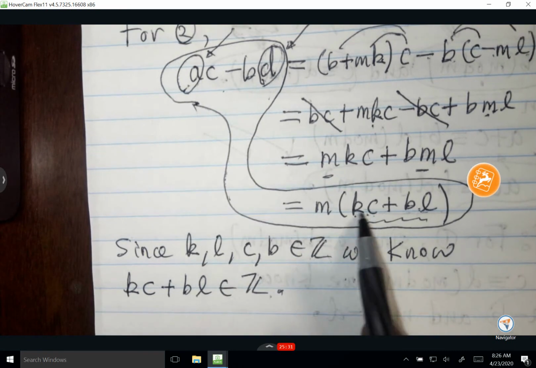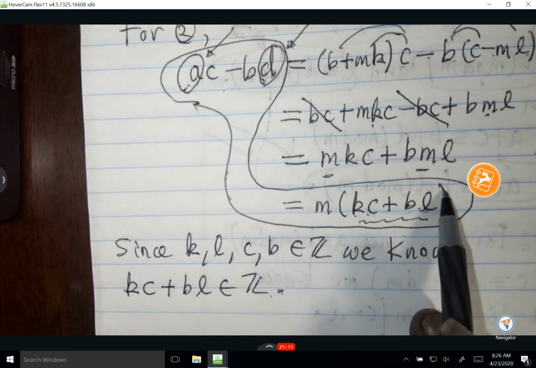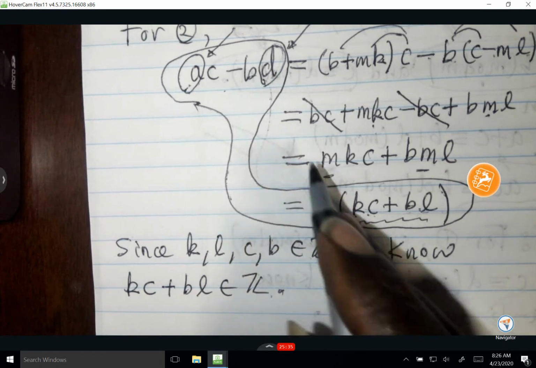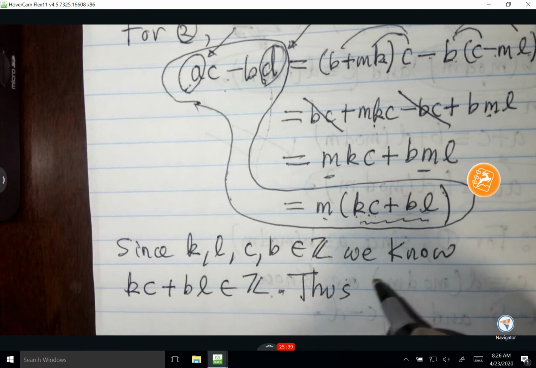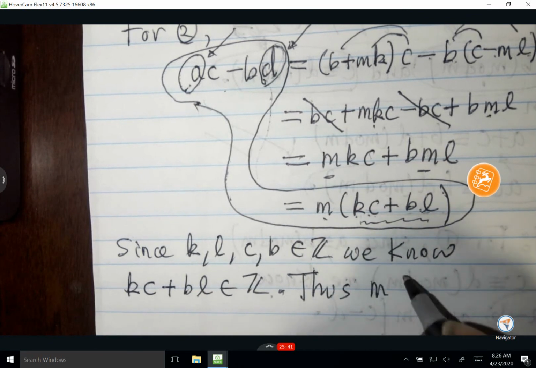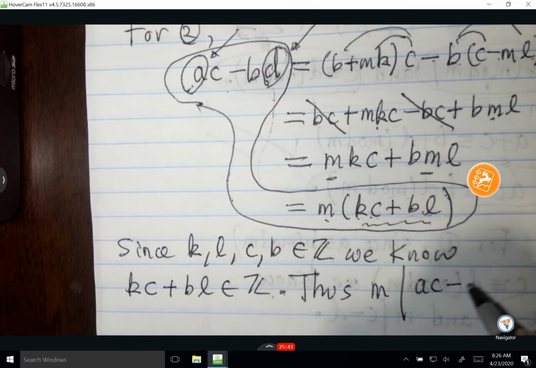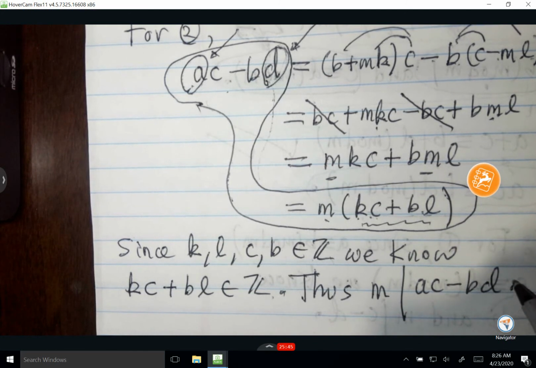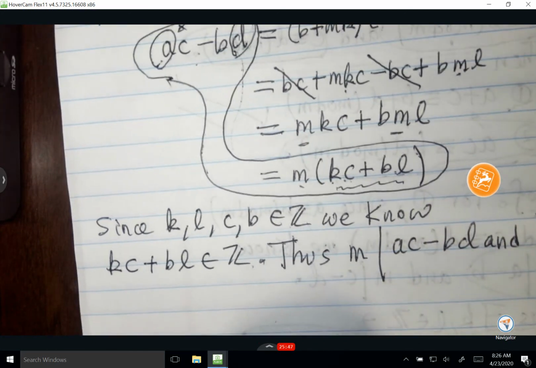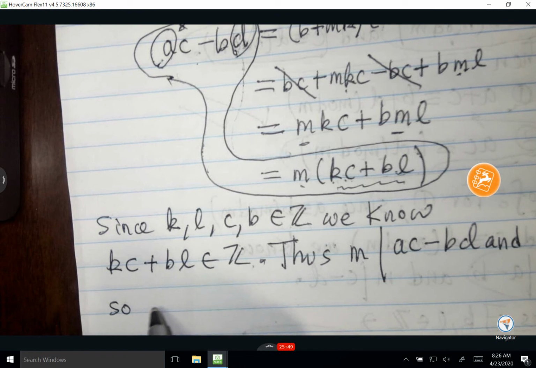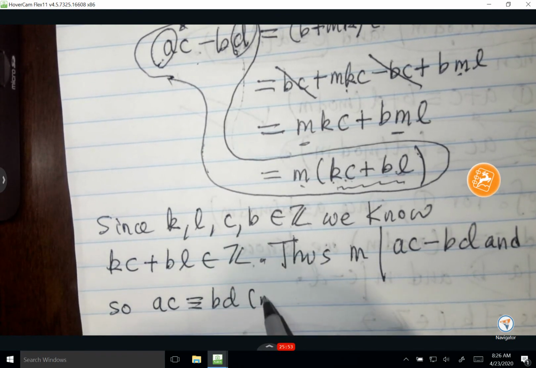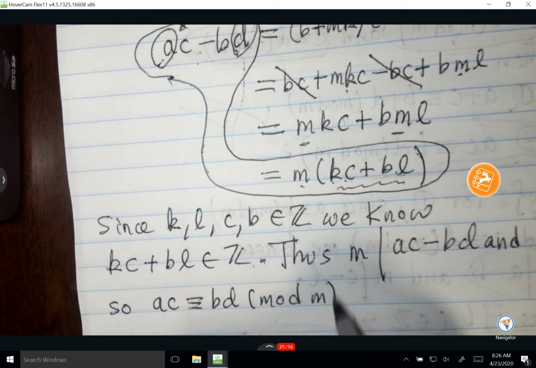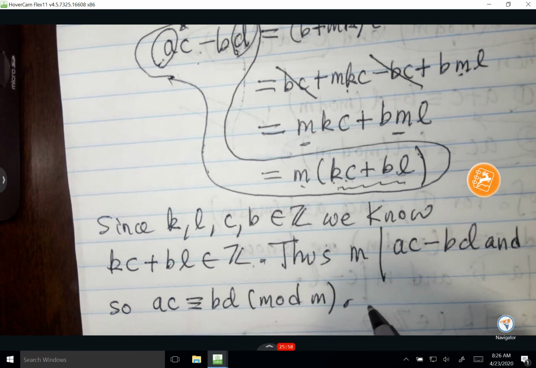So from this equality, this bubble, we get M dividing this difference by the definition of division three pages ago. Thus, M divides AC minus BD. And so AC is congruent to BD mod M. And that gives the theorem.